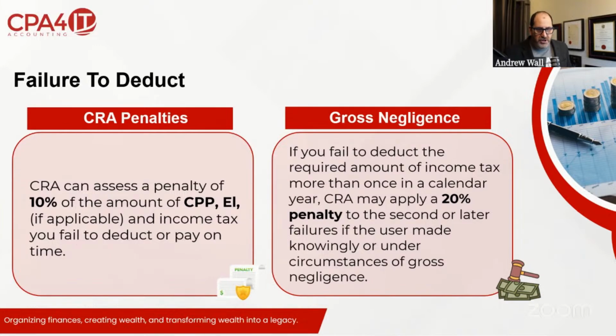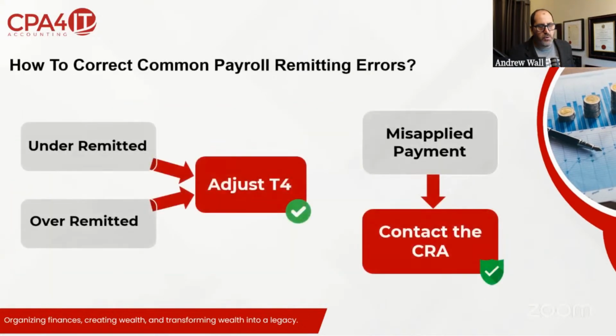If you are struggling with cash flow, I would consider either looking at a dividend or just covering the minimum CPP. Now, with a salary remittance, an employee is allowed to tell their employer that they have things like RSPs or childcare deductions or other deductions that would mean they're not going to have to pay the full tax rate when they file their tax return, and therefore they don't want their employer to withhold the taxes.